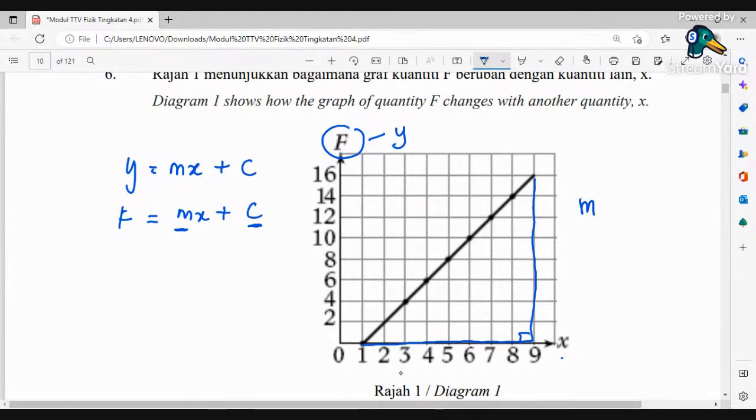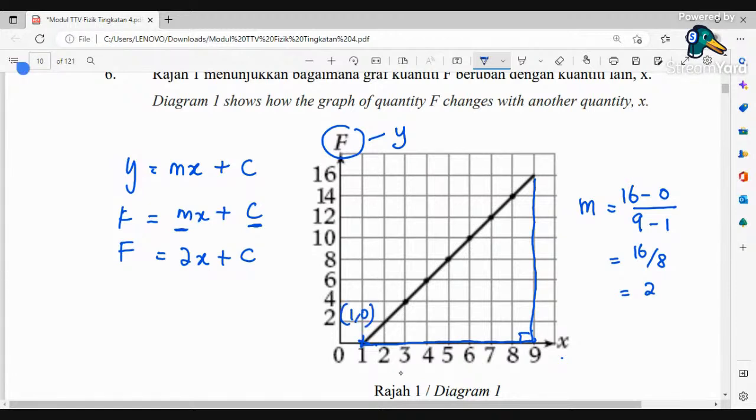Let's say I use this triangle, the whole graph. Okay, right angle triangle. So m equals 16 minus 0 divided by 9 minus 1. So I will get 16 divided by 8, which equals 2. So I have the gradient is 2. F equals 2x plus c. Okay, now I want to find c. So let's choose one point on the line. Let's say I choose 1, 0 here.